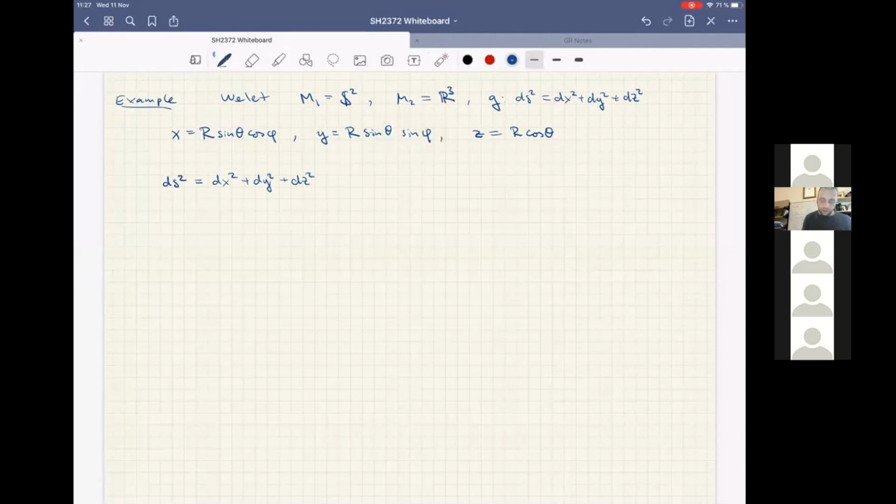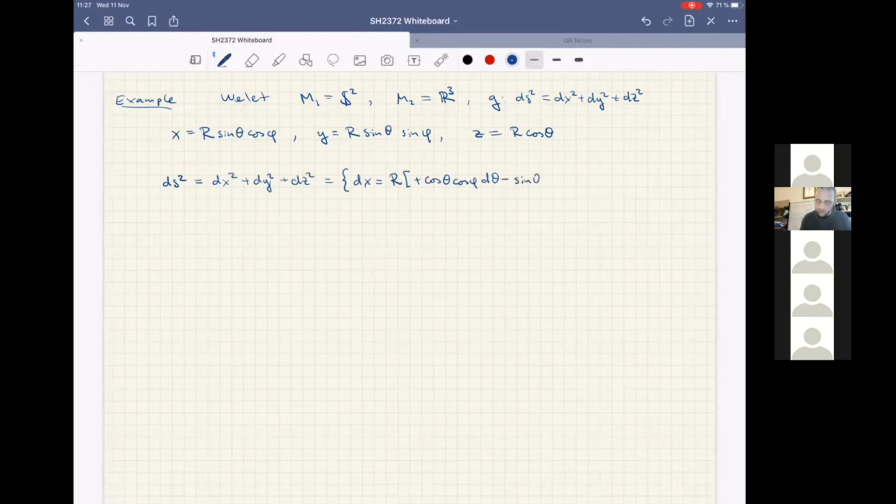So what I can do here is take dx, and when I do that, I differentiate this entire object. And what I will find is that I get minus cosine theta cosine phi d theta, plus, no, plus, right? The plus goes there, and the minus goes here.